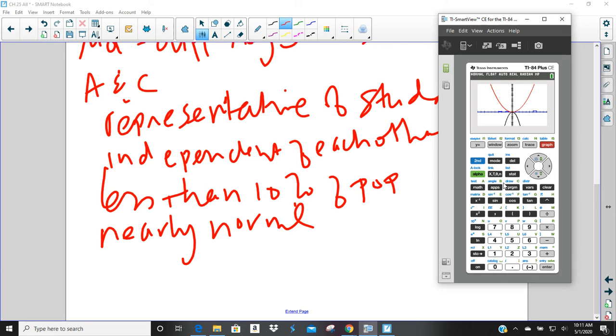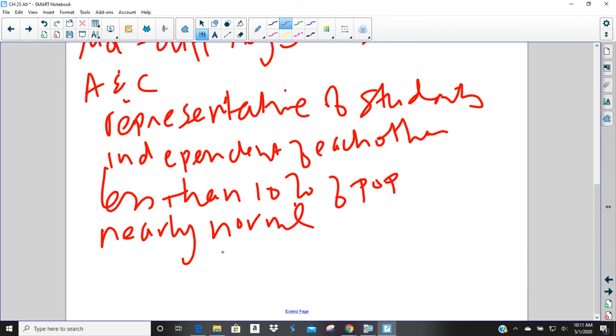Oh, I got to get rid of Zoom 9. Zoom 9. Now, the problem is that I only have 6 pieces of data here, so the graph has blanks. That's okay. I can still see that it's unimodal and roughly symmetric.